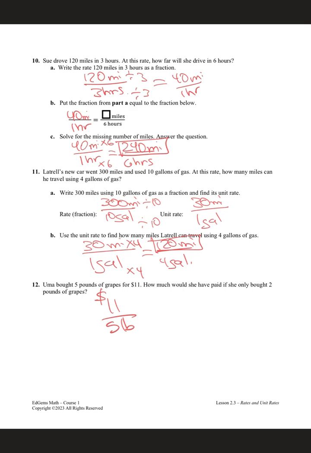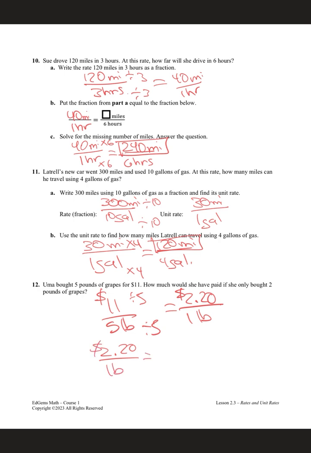To find the unit rate, we're going to divide both the numerator and the denominator by 5. So 11 divided by 5, I believe, is $2.20 per 5 divided by 5. That's 1 pound. So 1 pound of grapes. It's pretty expensive grapes.